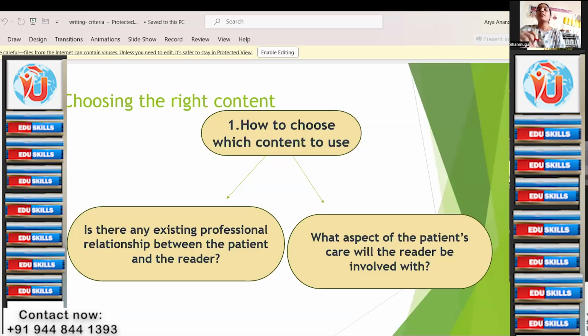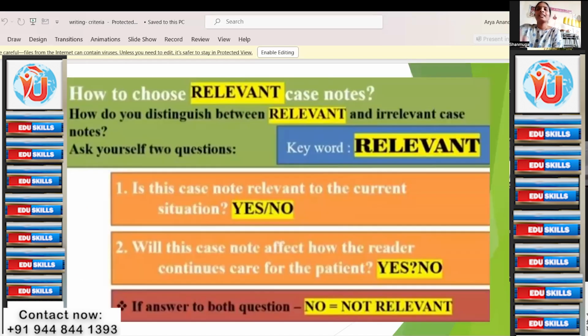Another, simpler way of asking this question is to distinguish between relevant and irrelevant case notes using these two questions. If you get yes to either, the case note is relevant. If the questions have no answer, the case note is not relevant to the reader.